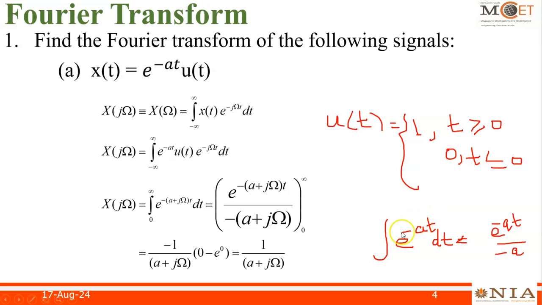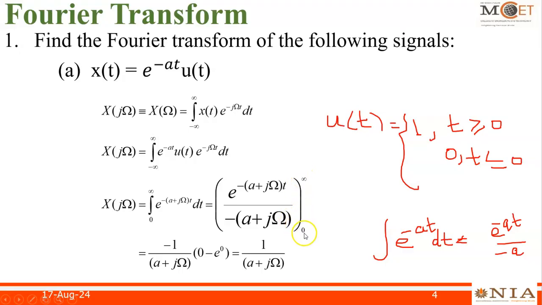It may be a complex exponential or it may be simply an exponential term. So this is the general formula. So instead of a, here we have a plus j omega, right? So if we integrate this, we will get e power minus of a plus j omega t divided by minus of a plus j omega, since we are integrating with respect to t.